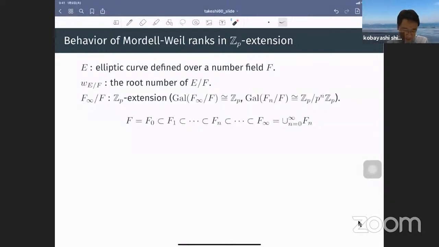And we consider the Z_p-extension of F. It's an infinite extension whose Galois group is isomorphic to Z_p. So there is a unique intermediate field of degree p to the power n, F_n. It is called the nth layer. And we are interested in the behavior of the Mordell-Weil rank of F_n by varying n.